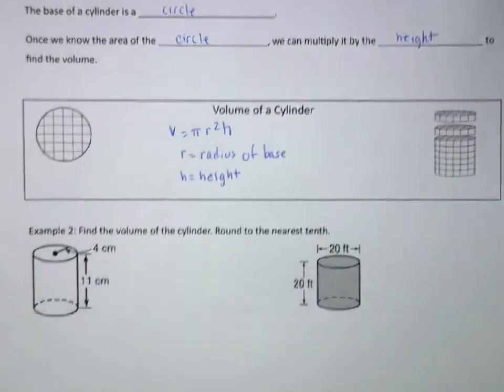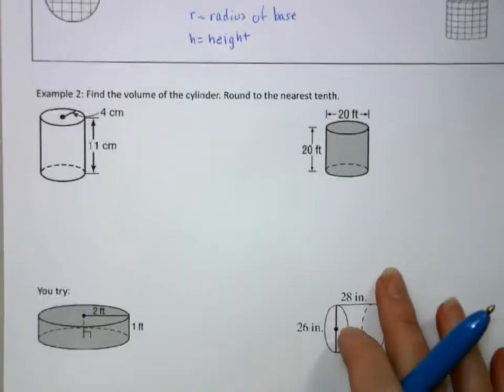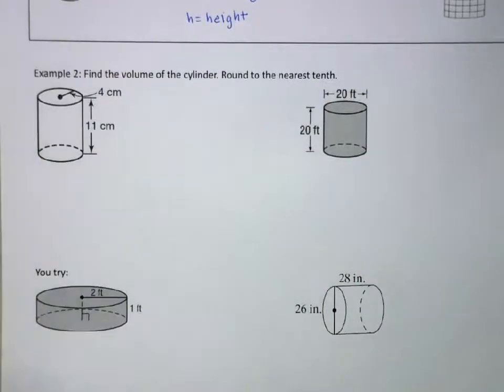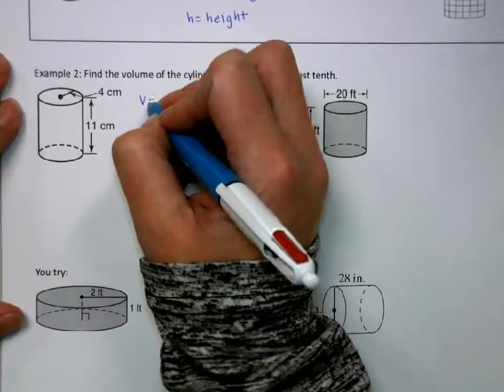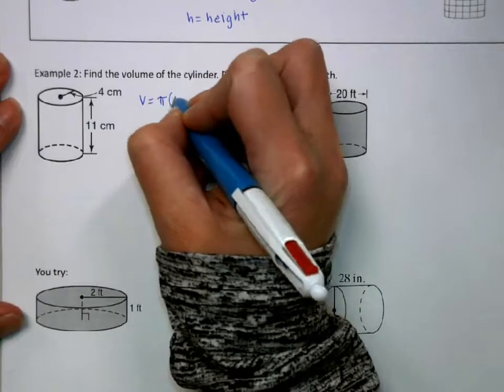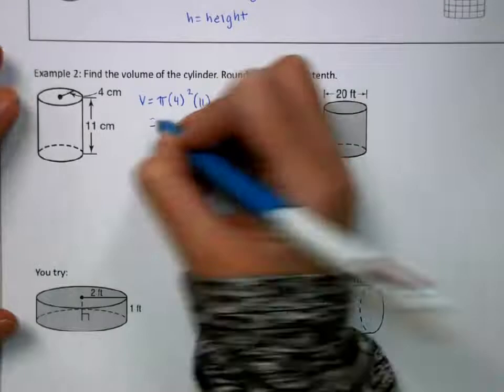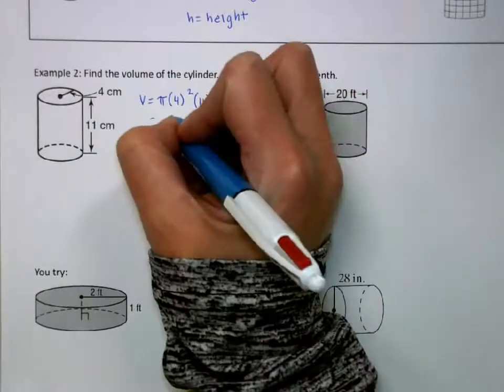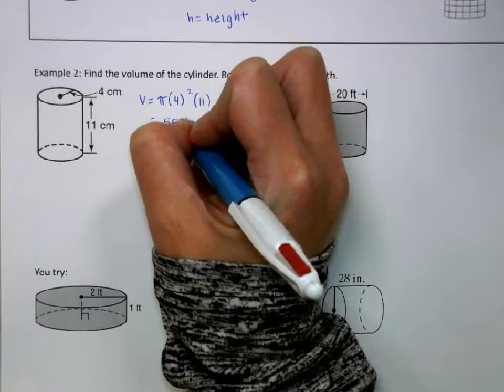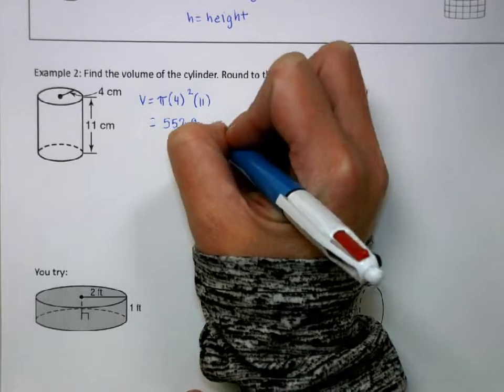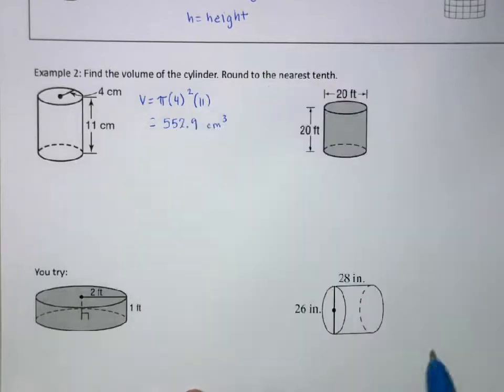All right, so let's work some examples of this. So my volume is going to be pi times r, which is 4, squared, times the height, which is 11. And then we just dump that in a calculator to get 552.9. Units here will be centimeters cubed.